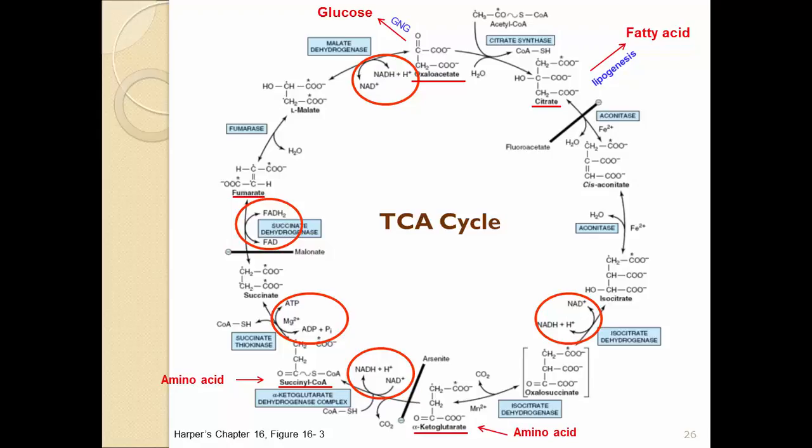If amino acids are used, they will enter the TCA cycle and be converted to oxaloacetate. So oxaloacetate is also a key molecule in the TCA cycle that connects amino acids to glucose metabolism, right? Lots of different amino acids can enter the TCA cycle and be converted to oxaloacetate. So oxaloacetate leaves the TCA cycle and goes to the gluconeogenic pathways.